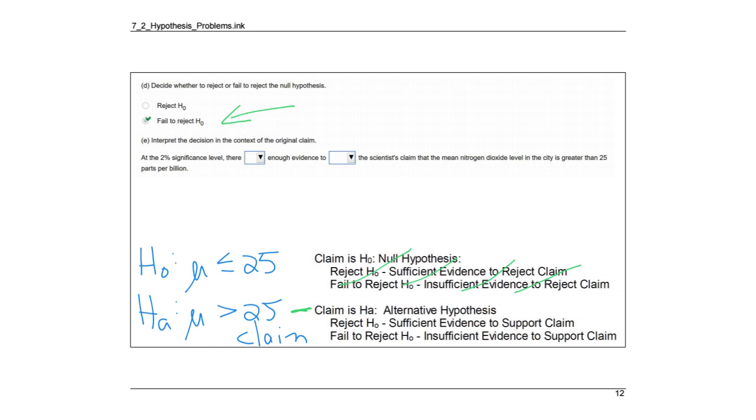And then since we failed to reject the null hypothesis, we do not have enough evidence to support the claim. So there is not enough evidence to support the scientist's claim because it's one or the other. If we had rejected the null hypothesis, then we could support the claim that's in the alternative. But since we did not reject the null hypothesis, we cannot support the claim.